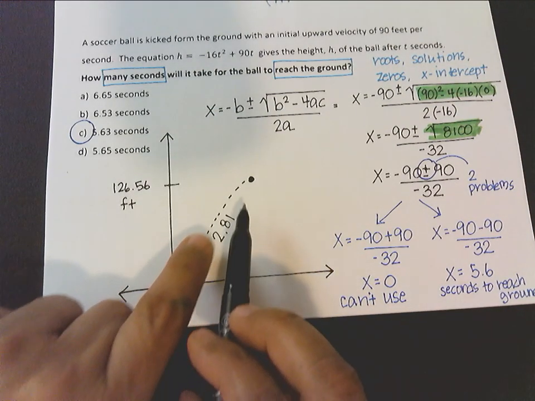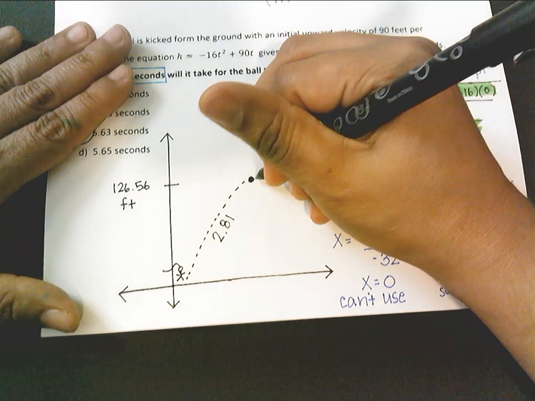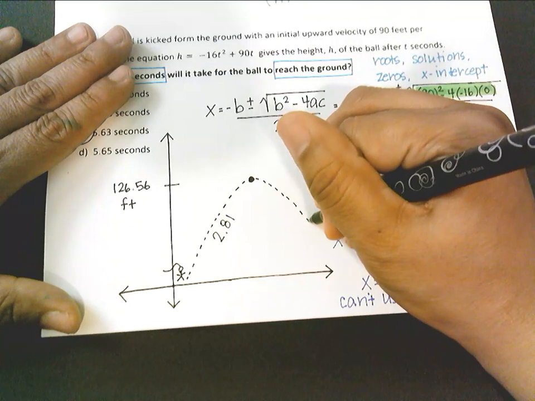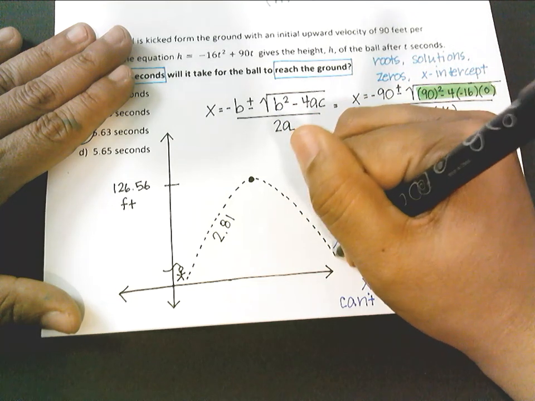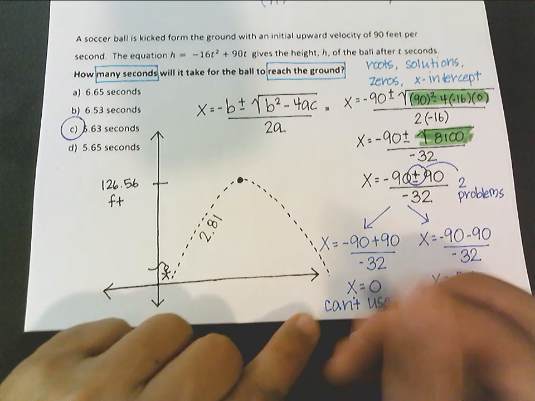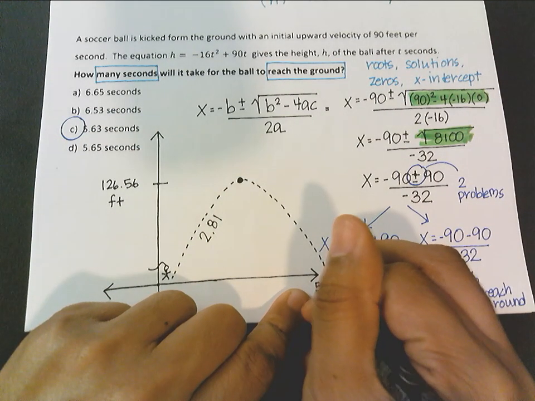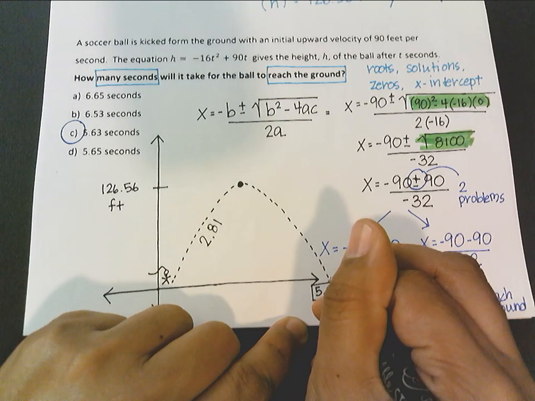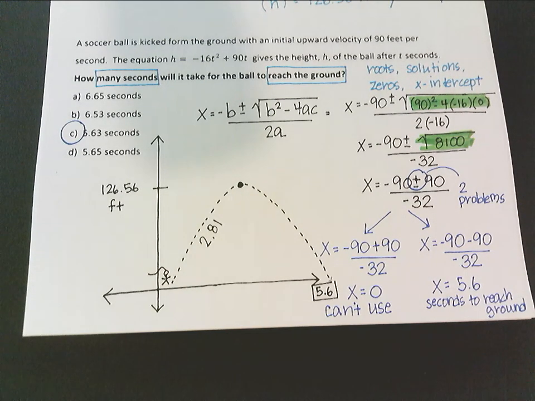It reached the maximum height, and because then it has to come down, it creates your parabola. And so it hit the ground at 5.6 seconds. And those are the 3 questions that we're going to ask you.